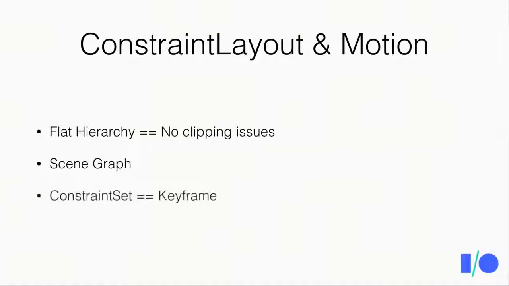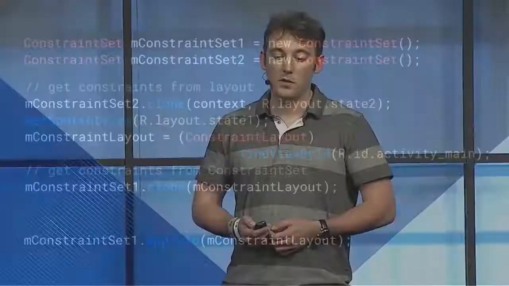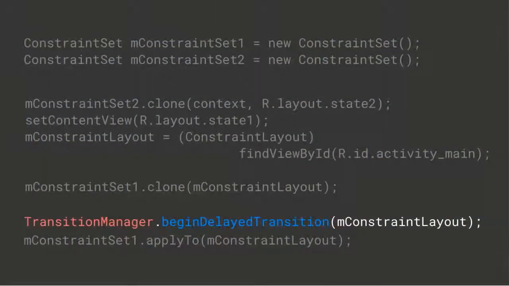And you can think about constraint set in some ways as a keyframe. And the way you would do that, if you remember that slide that we just saw, you only need to add one line, and that's all. And that's simply using the Android transition framework that also is available in the support lib. And that will automatically animate any type of layout changes.